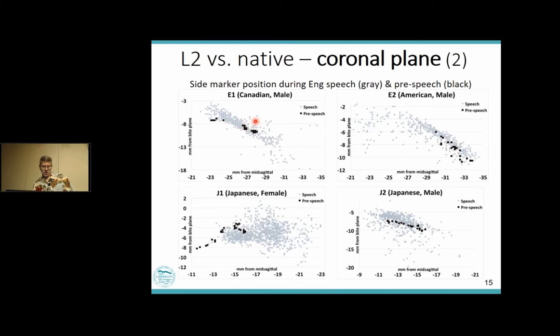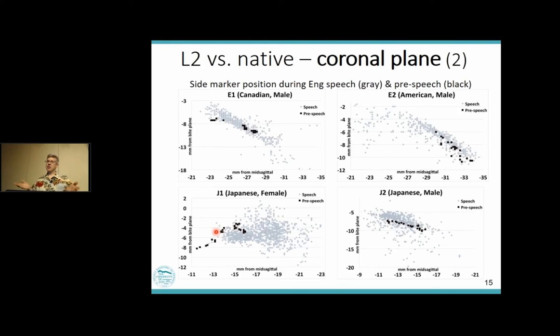Okay, so you notice that for these two native speakers, the average tongue position for pre-speech posture in black is around the same as the average tongue position for speech. Now it's a little off the mean, but it's closer than this one down here, which is a low proficiency Japanese speaker, and her pre-speech posture was much more towards the mid-sagittal, the side tongue marker.